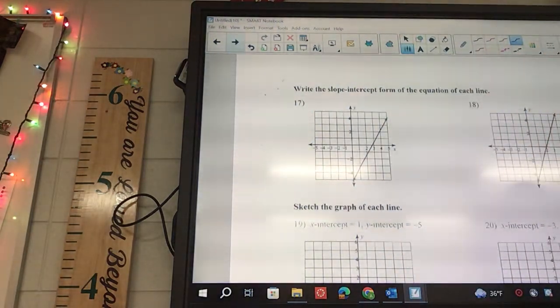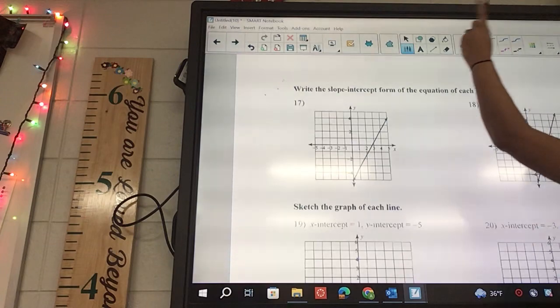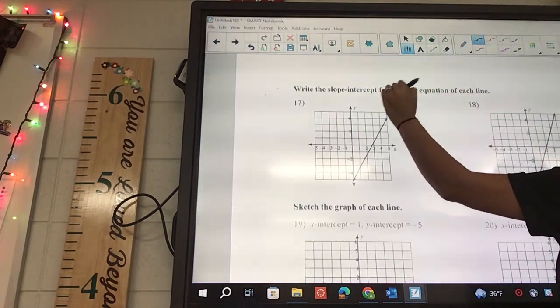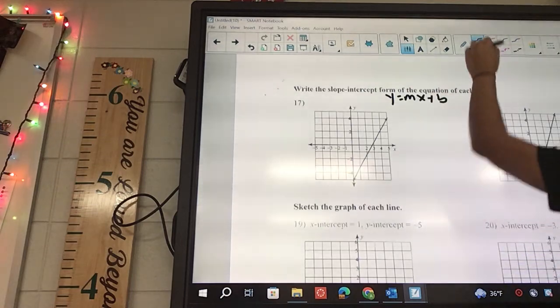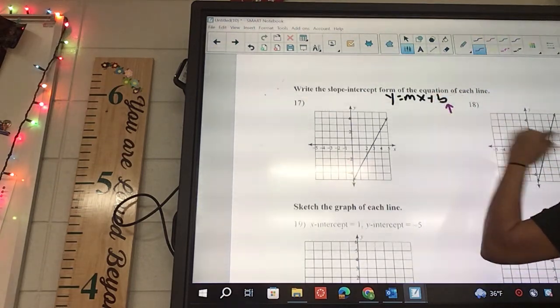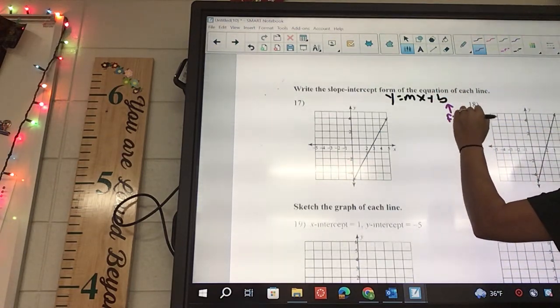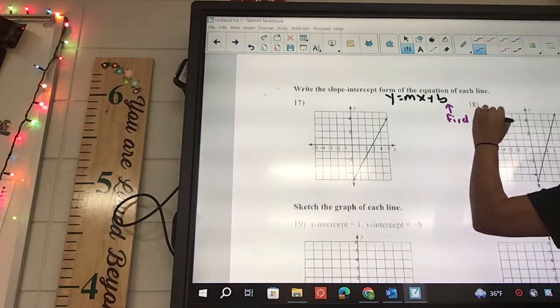Okay, write the slope intercept form. This one unfortunately is gonna take some notes. So, it goes like this, y equals mx plus b. For this part, you need to find this first.